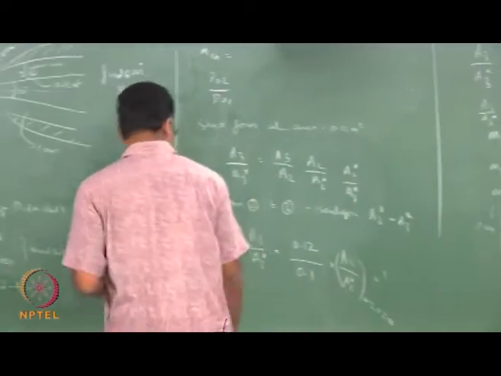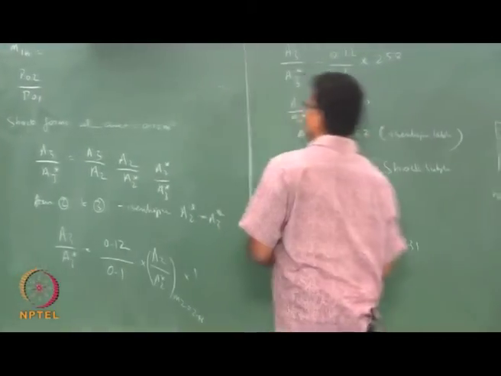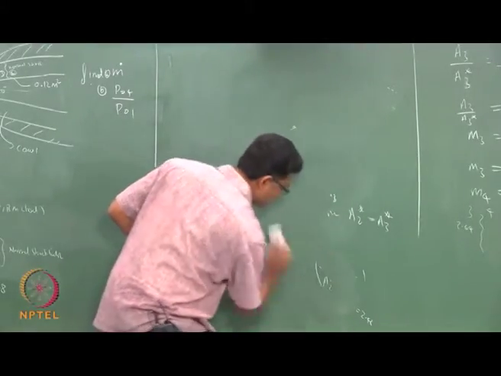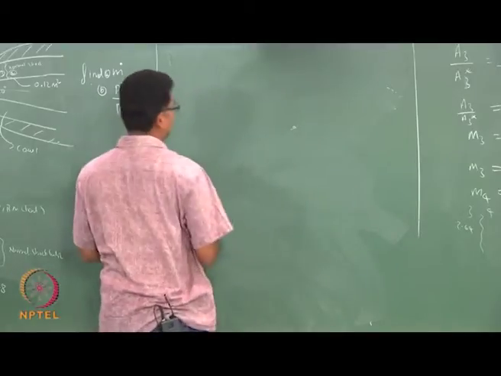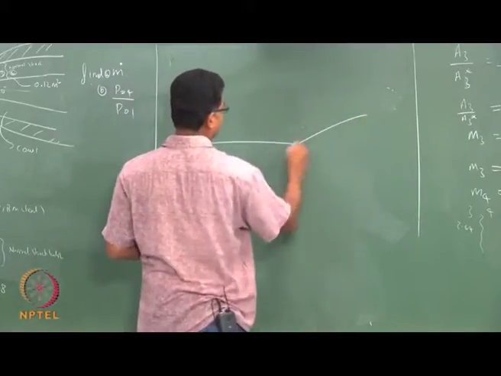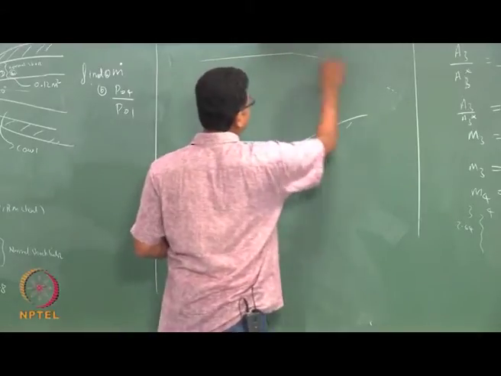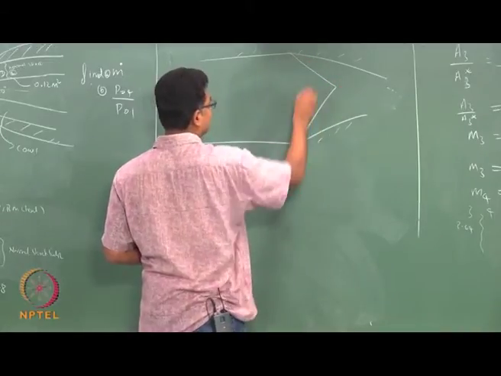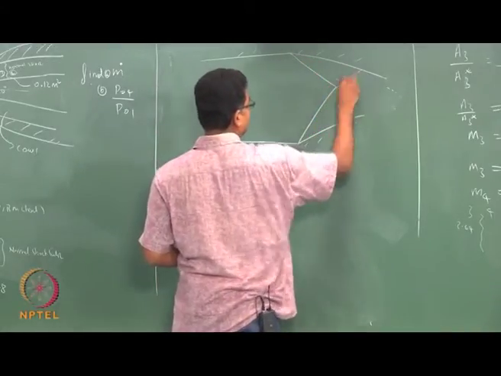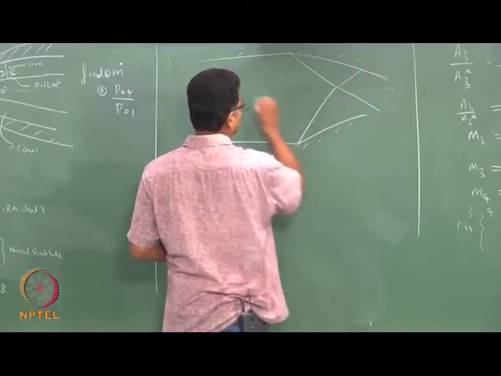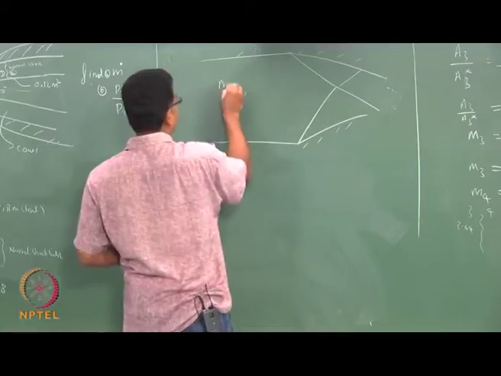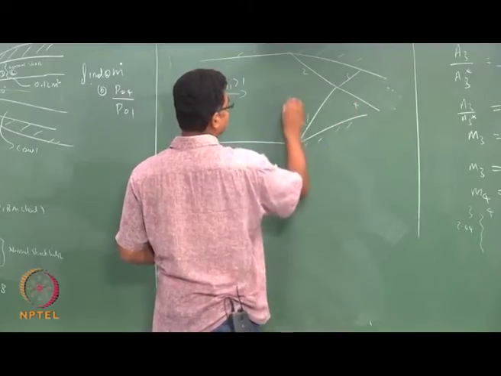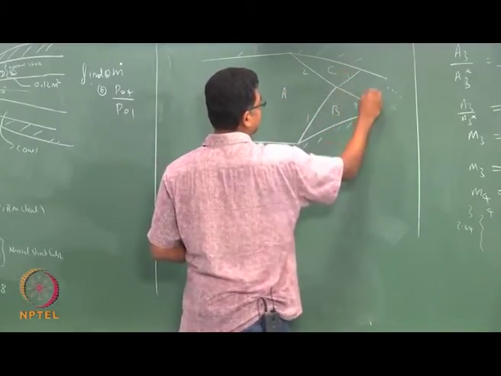So, for flow in an over expanded nozzle, this kind of flow will reflect two shock waves and then I have another set of shock waves. I have a flow here M1 greater than 1. There is shock 1, shock 2, 3 and 4. This is region A, B, C and D.